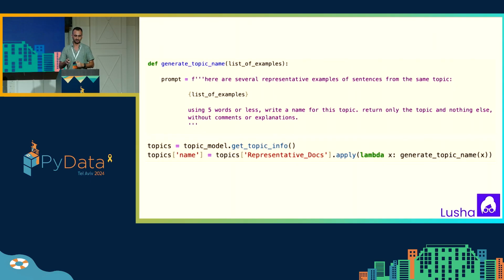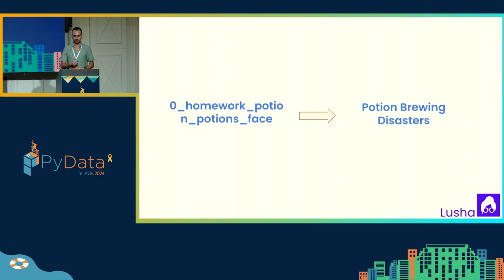And then you just take the representative documents, use the apply method of pandas, and pass the representative docs into this topic. If you have 10 topics, it's just 10 calls to the API. So now instead of homework potion's face, you have potion brewing disasters, which is a much better name.